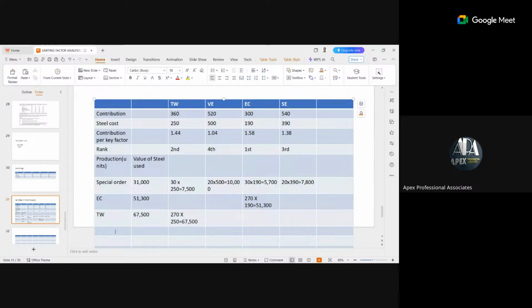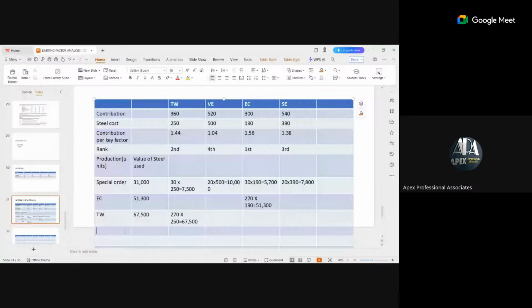The next ranking product is what? SE. For SE, we have overall 200.